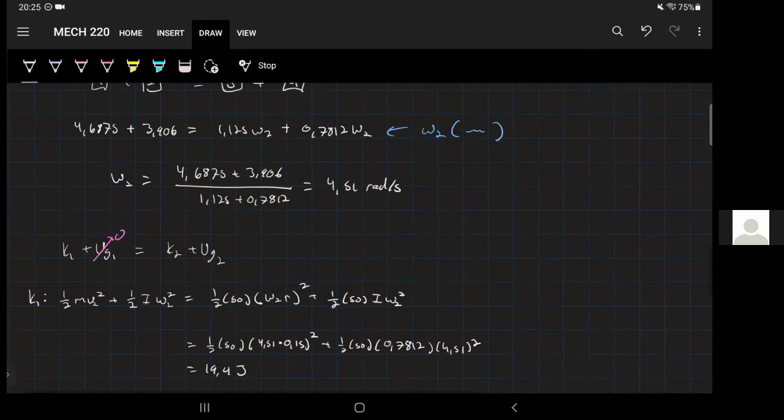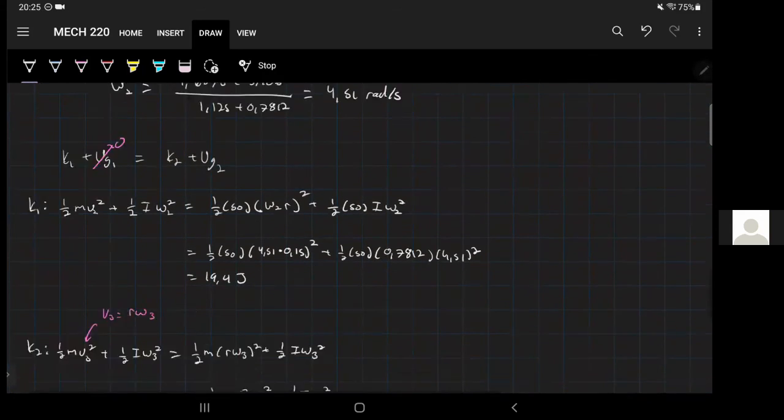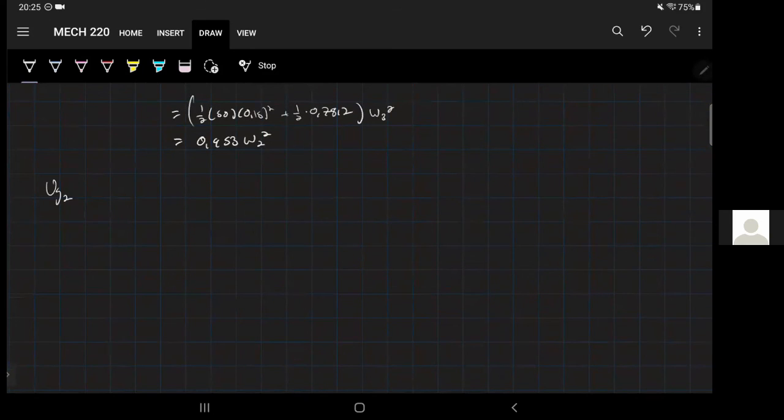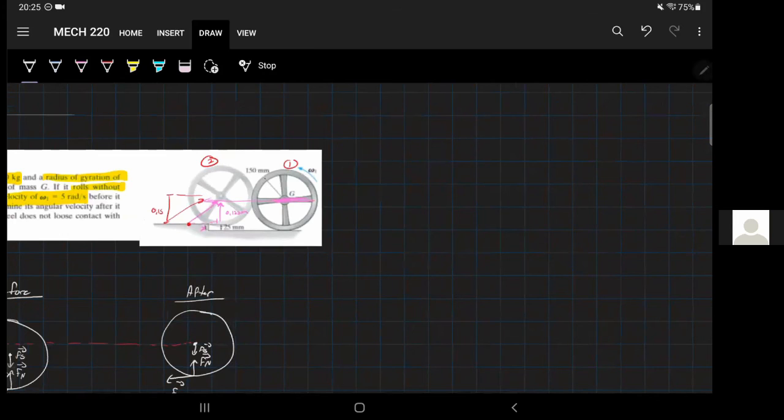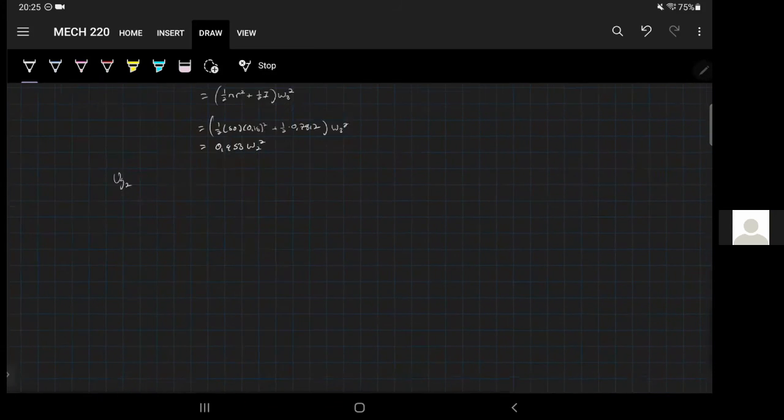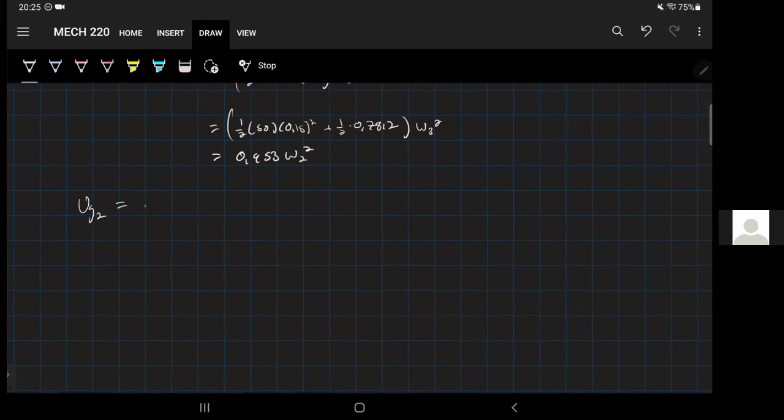And then I'm only missing the last one here, UG2. Since I'm going up the step, I'm gaining 0.025 meters. That's my delta H times mg. So it's going to be 0.025 times the mass 50 times 9.81, which gives 12.2625 joules.